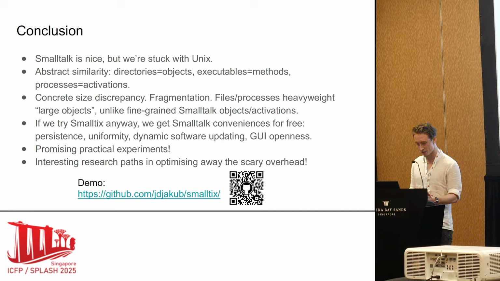They can't be fine-grained like Smalltalk objects and methods. But if we use files and processes in an ultra-fine-grained manner, we get Smalltalk conveniences for free: persistence, uniformity, dynamic software updating, and GUI openness. Practical experiments have been promising so far, and optimization possibilities exist. More research is definitely needed.